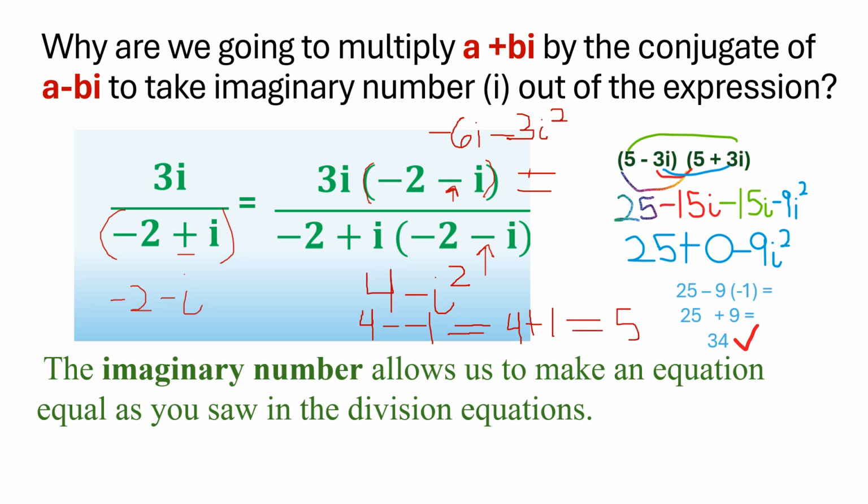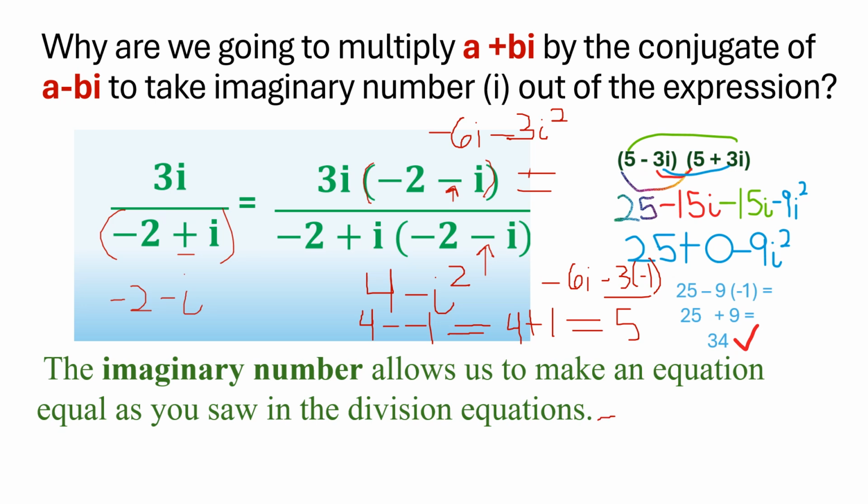And on the top, you're going to have -6, and they want you to write it in a plus bi form. You're going to have -6i over 5, but this is going to be -3 times a -1, which is going to give you what?